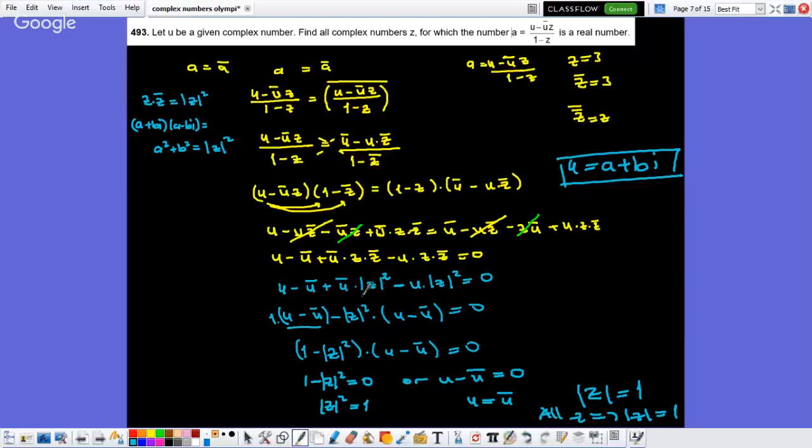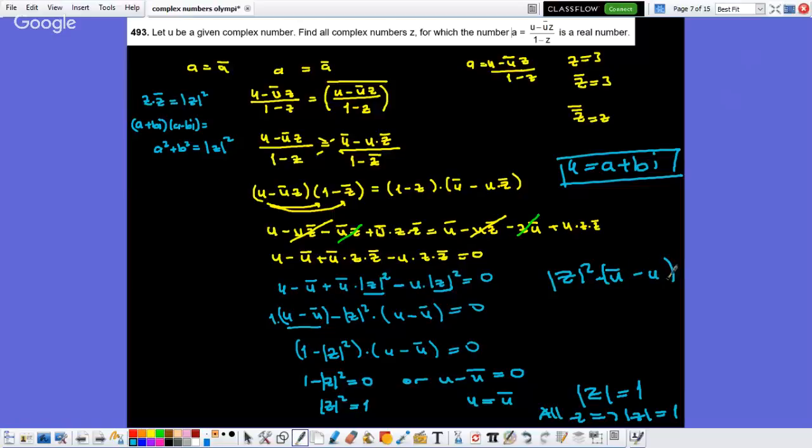Now here, this one is z modulus squared, and here it is z modulus squared. If I factor out z modulus squared in parentheses, I'll get this one. Z modulus squared in parentheses gives me u conjugate minus u.